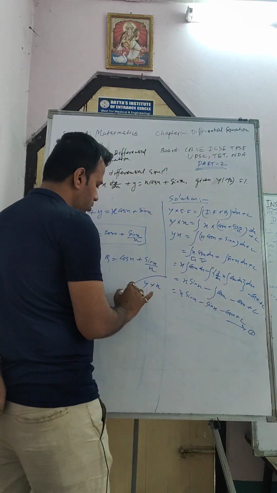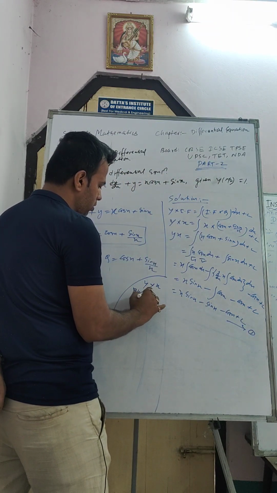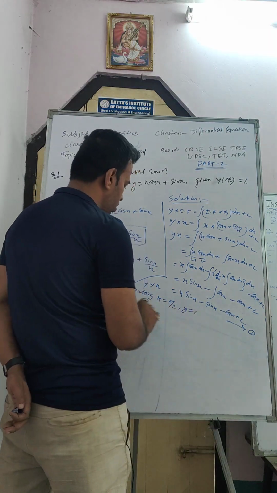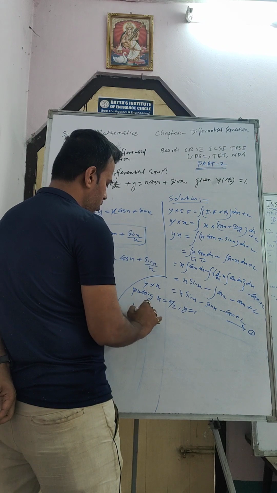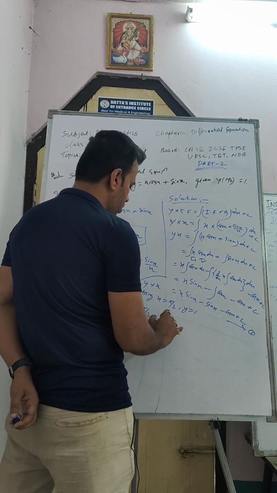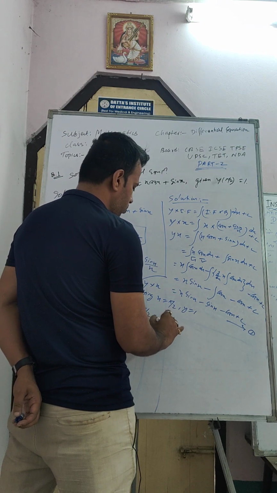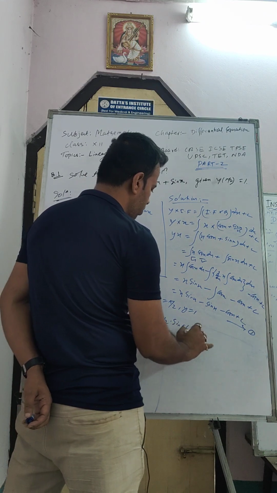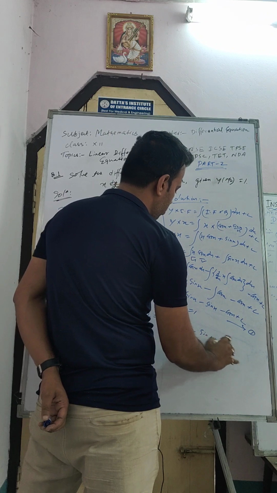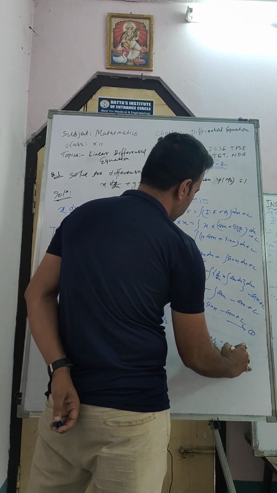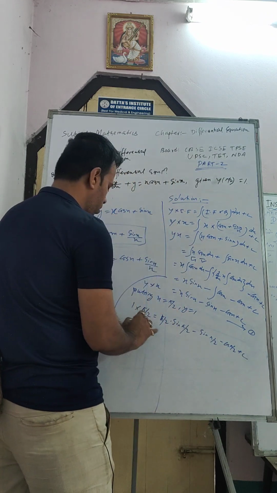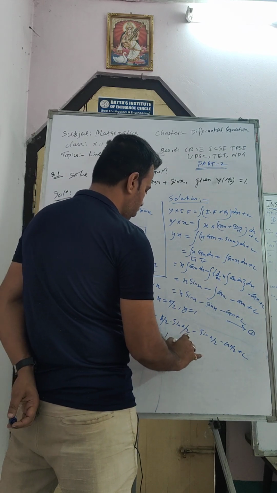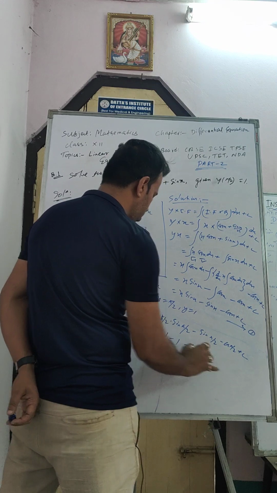Now we have to put x equals pi by 2, y equals 1. So 1 times pi by 2, x equals pi by 2, this is sin pi by 2 minus cos pi by 2 plus c. So pi by 2 equals pi by 2 into 1 minus 0 plus c.